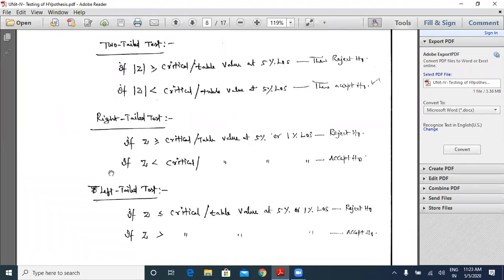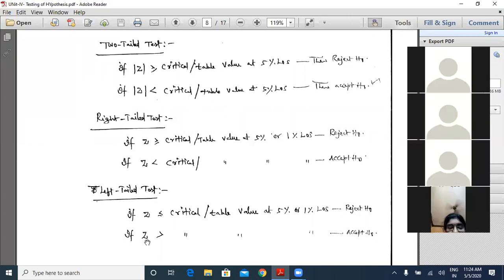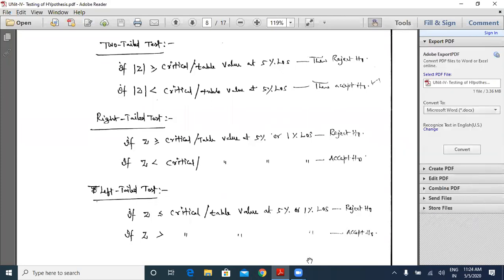So in case of two tail test and right tail test, whatever you're assuming, these are same. And the left tail test is opposite of the right tail test. If calculated Z value is greater than critical value, we reject in the right tail, whereas here in the left tail, if calculated Z value is greater than critical value, we accept H0.